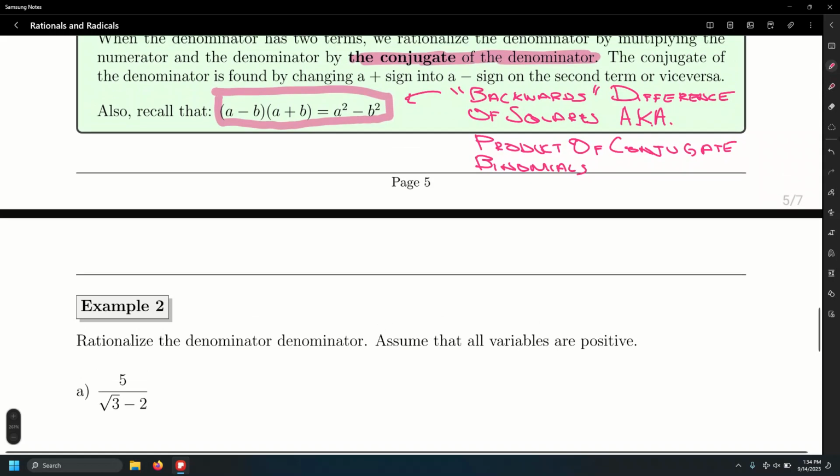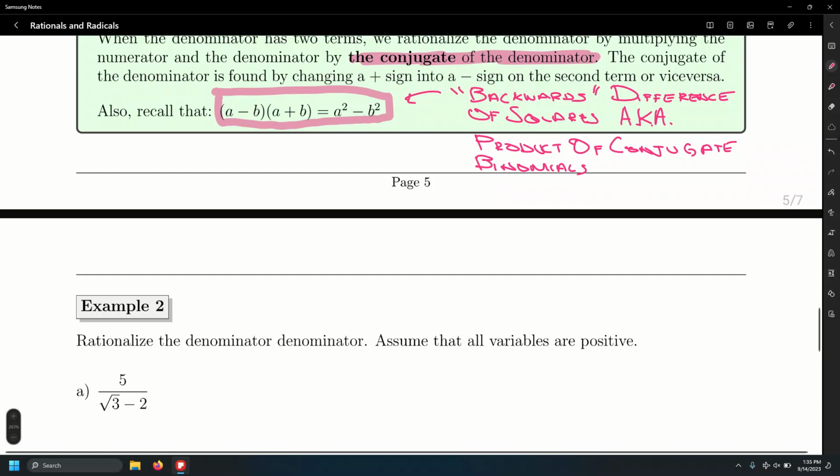Okay, so our goal is to write this expression 5 divided by the square root of 3 minus 2 in a way that no radicals appear in the denominator. And again, what's the process? Multiply numerator and denominator by the conjugate of the denominator. So, question first. What would be the conjugate of this quantity here?